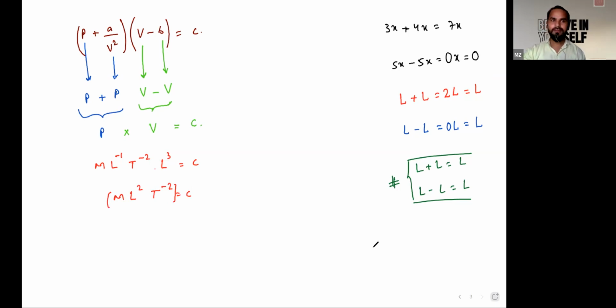Good. Okay, so we have just defined how to solve this particular term on the basis of the principle of homogeneity. Now I am giving you some more concepts regarding this. Suppose you have a trigonometric function like sin x, cos x, tan x, or similarly e raised to the power x and log of x. I will define the term log later in mathematical physics.